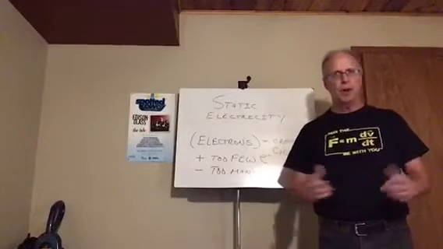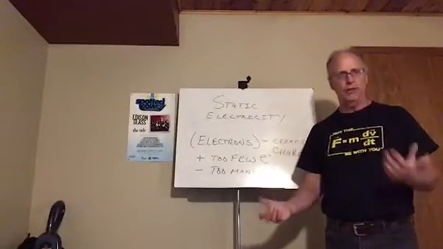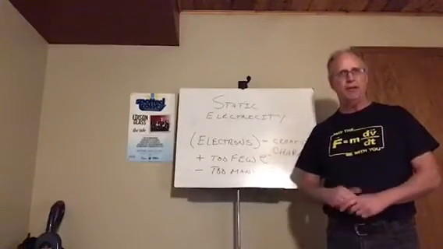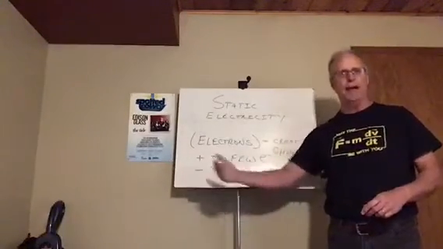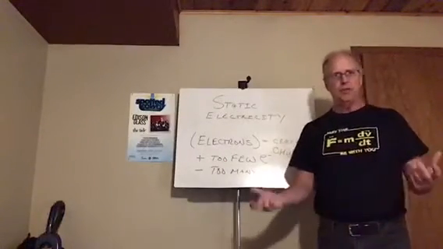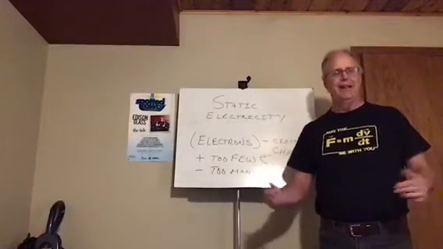In chemistry, you probably learned that these were cations, is what they're called, when they have too many or too few electrons, and it's a positive charge or a positive ion. If it's a negative ion, then you have too many electrons, and we call that an anion.